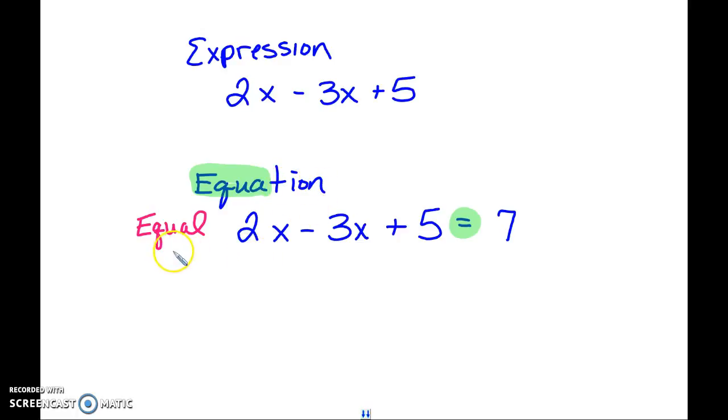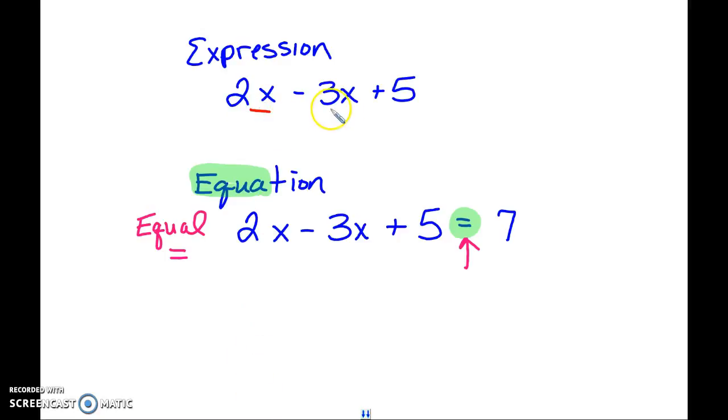Anytime you have an equation, you've got an equal sign in it. An expression does not. The only thing that you can do with an expression, and you'll learn about this later, not now, is simplify an expression by combining like terms.